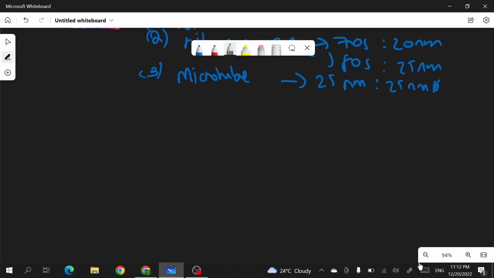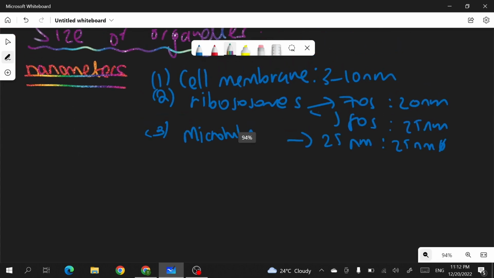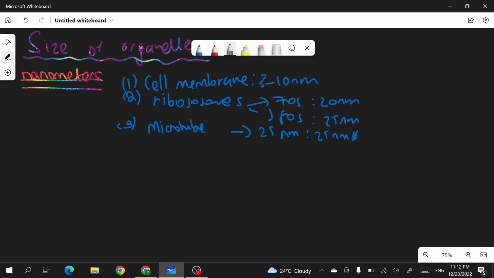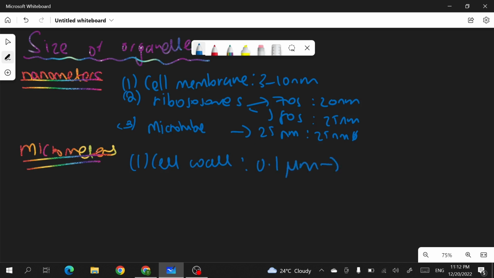Now we're going to look at the micrometers. Let's start with the cell wall, which is 0.1 micrometer to several micrometers in thickness. This is probably not asked in exams, but it's good for general knowledge.